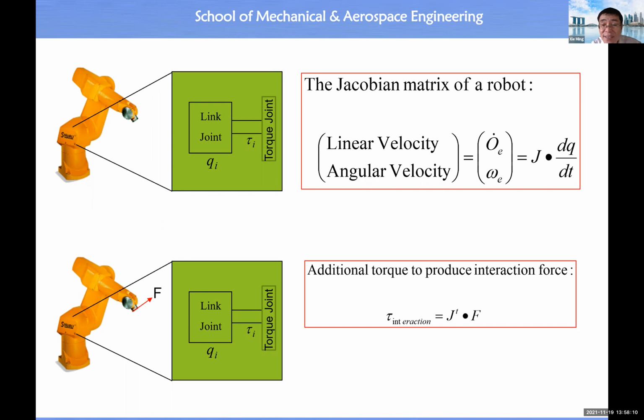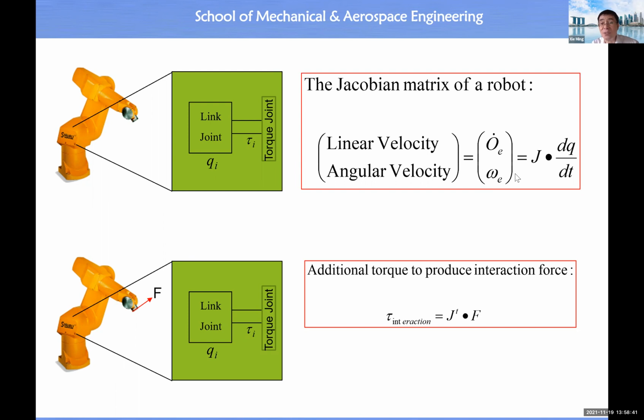This angular velocity is equal to the equivalent axis of rotation times the equivalent angle of rotation. Therefore, this is a vector with 3 elements. All right, so we put them together, then we have a vector of 6 elements.